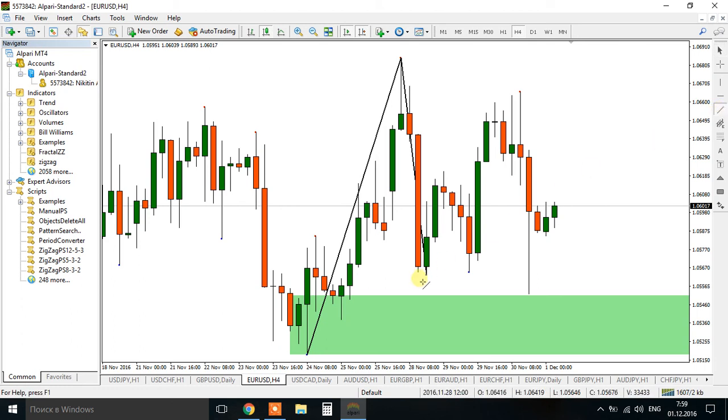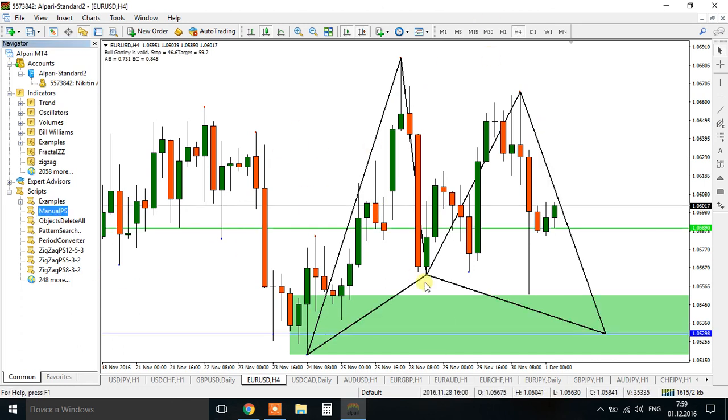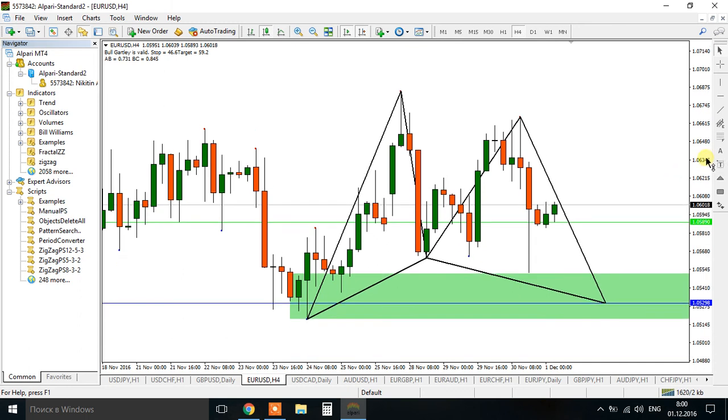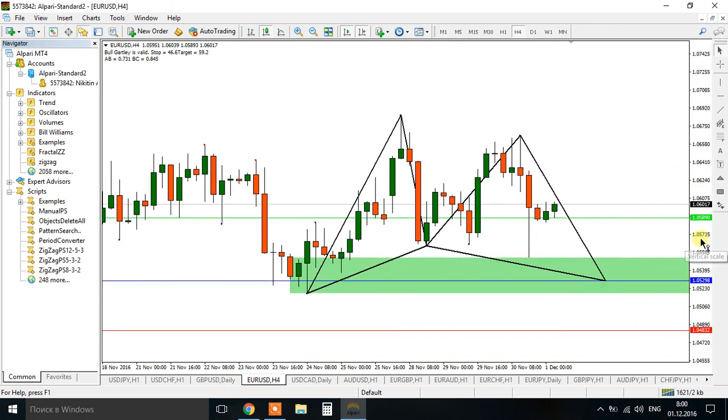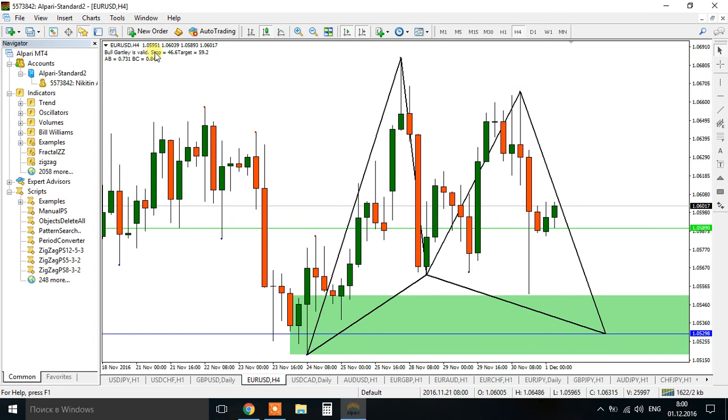You only need to show the script what swings you want to be analyzed. Run the script and you will see the Gartley pattern, those triangles. You will see the entry, exactly 127. You will see the target and stop loss. You will also see your stop loss risk, your target, and some ratios of your pattern legs.